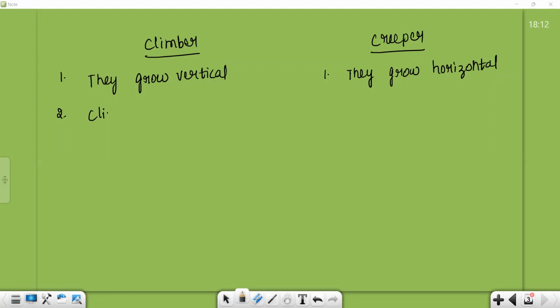So there are many kinds of climbers, right? Like peas. Okay, ma'am. Money plant is also a climber.